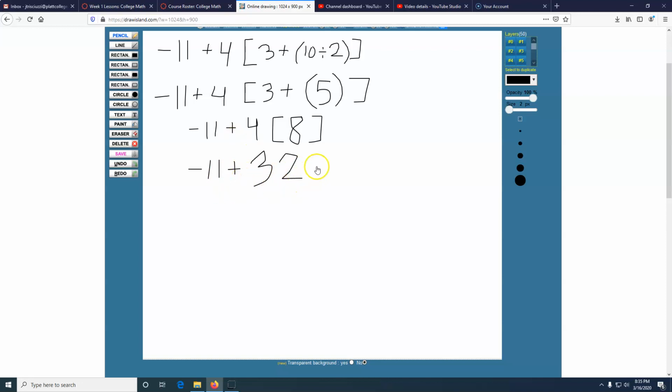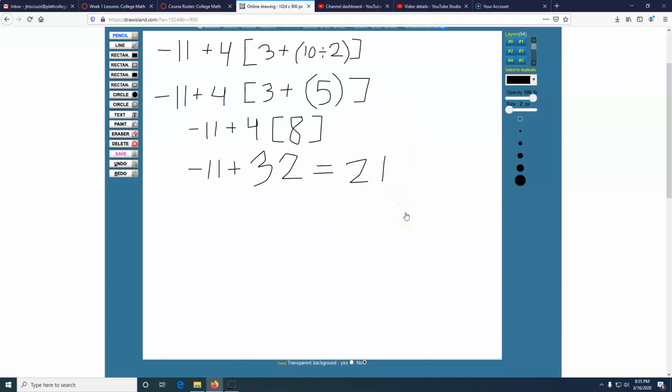So now we're combining these. Remember the rule for adding and subtracting is when they're opposite signs, you subtract. So this is like 32 minus 11. And you keep the sign of the larger number, which is 32, so it's positive. And that's our final answer here.